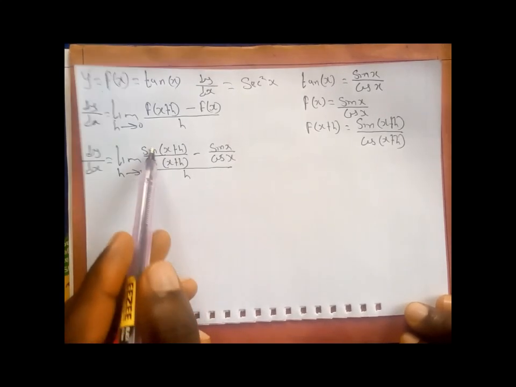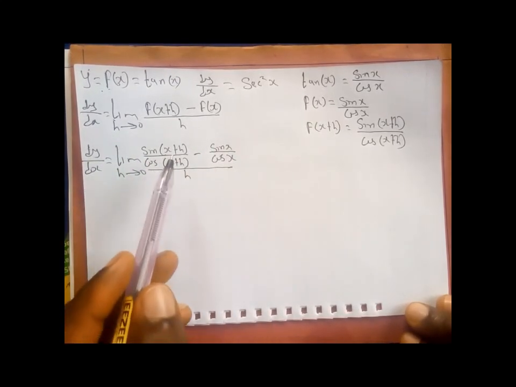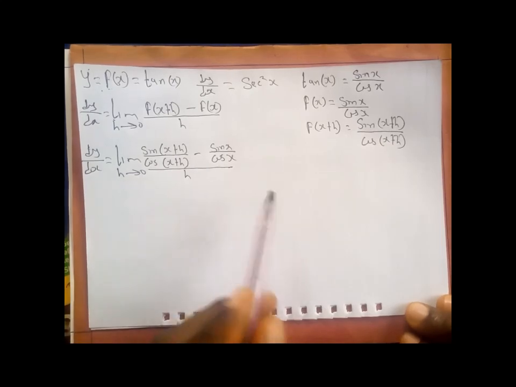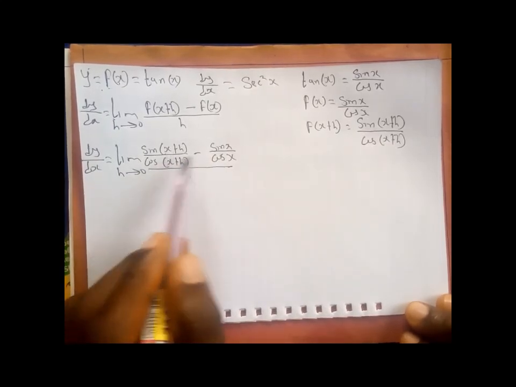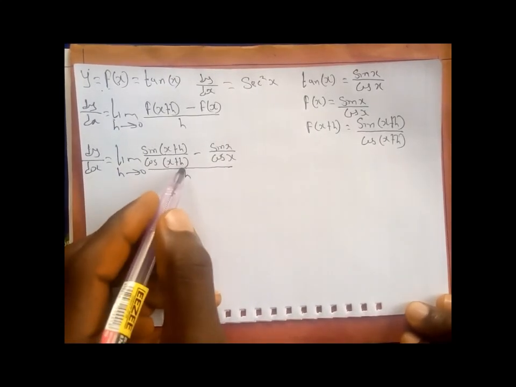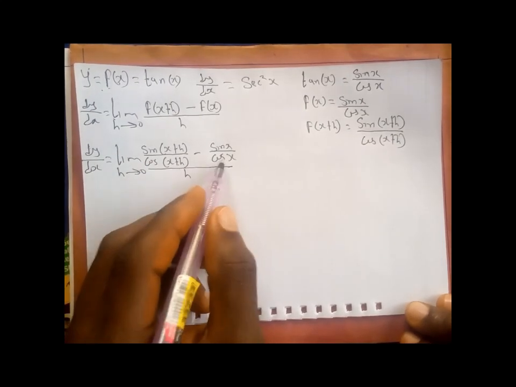Now, as you can see, this is a compound fraction. So let's begin by simplifying it to a simpler form. First, I will combine the numerators. The LCM will be cosine x plus h times cos x.